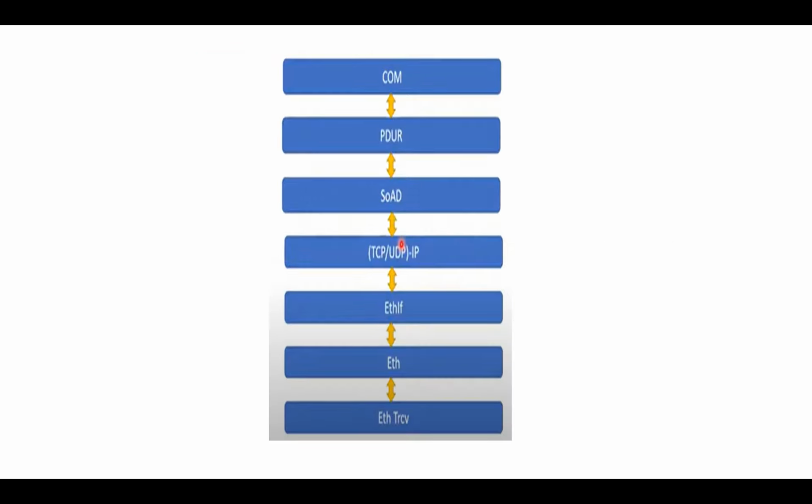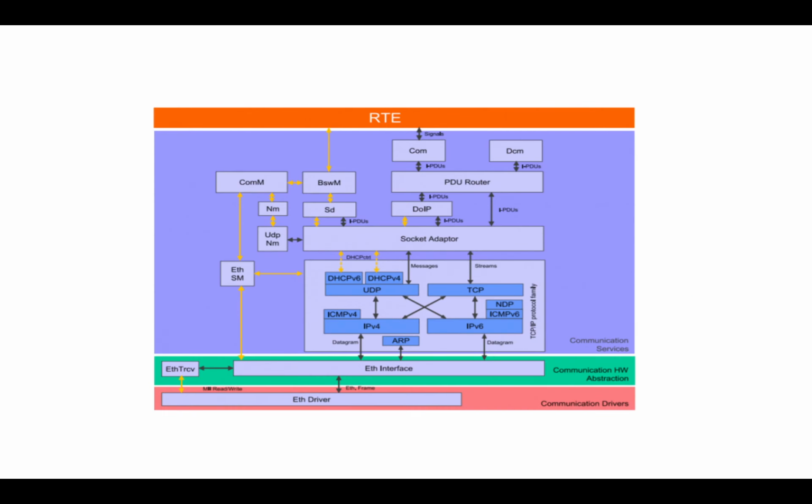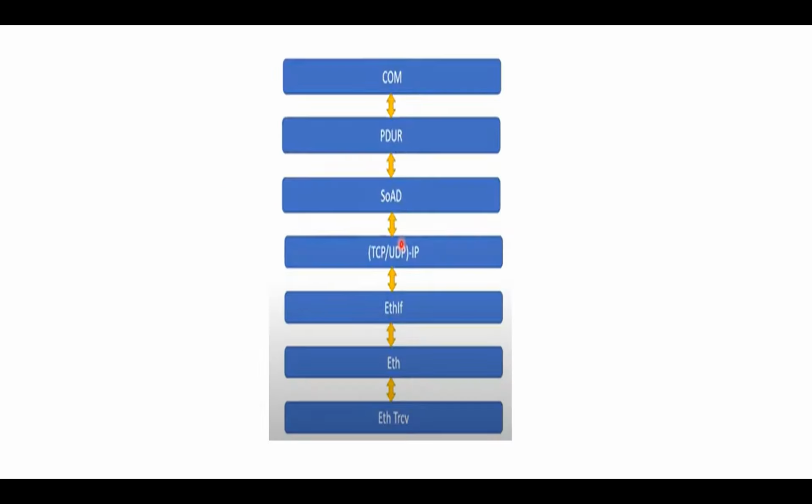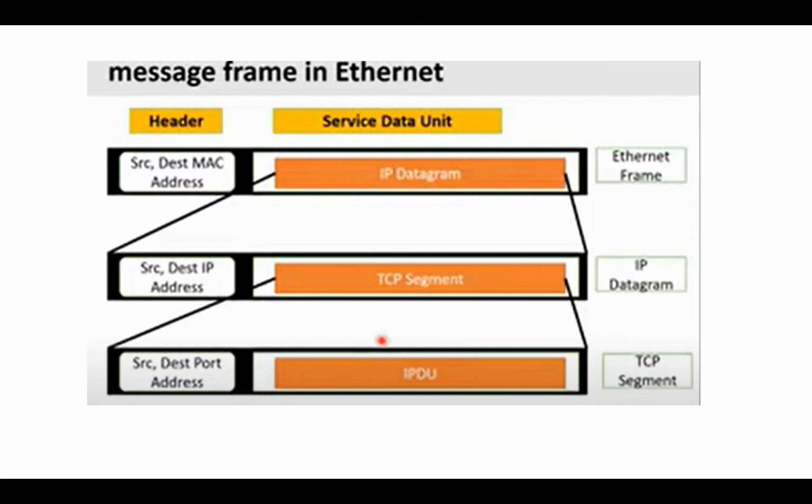And the flow is also explained, like the transmission and the reception. One more thing, I just wanted to show this frame. The Ethernet frame will have a source and destination MAC address and the IP datagram. The IP datagram will have the source and destination IP address, followed by the TCP segment.